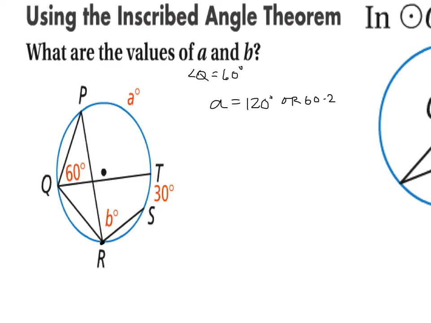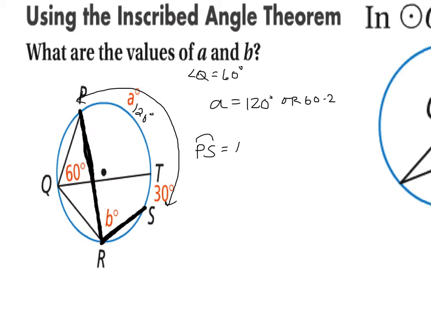As I follow this angle, it goes right there, and then angle B goes up to here. So we're essentially going from P to S. Well, I know that A is, in this case, we found A to be 120 degrees, so we can put that in there. So from P to S, this is the arc created by the angle. Arc PS is equal to 150 degrees.